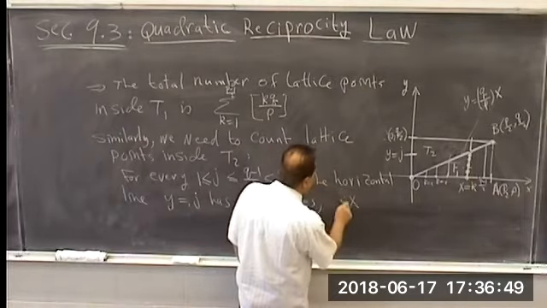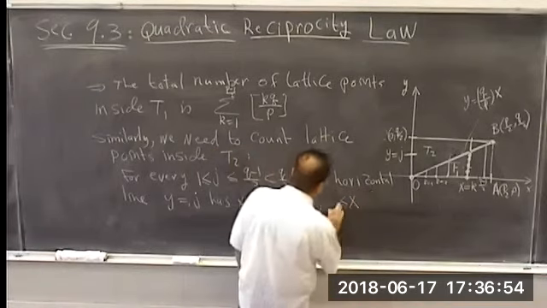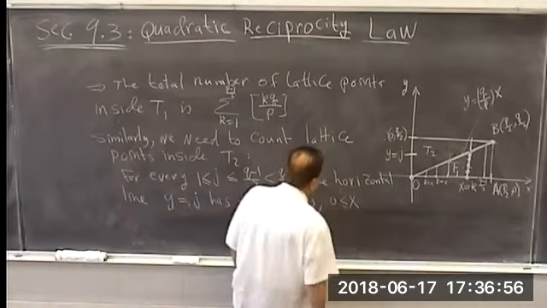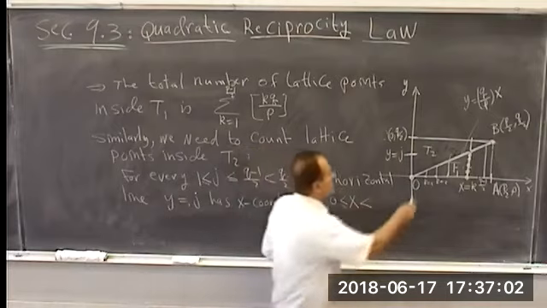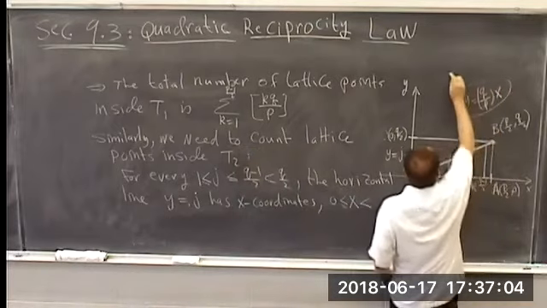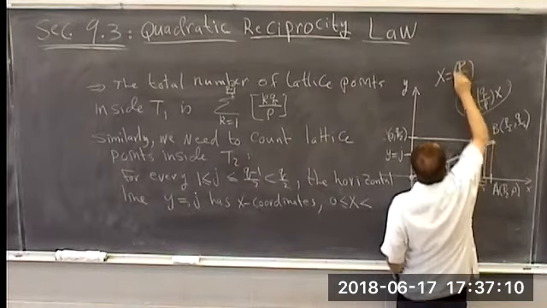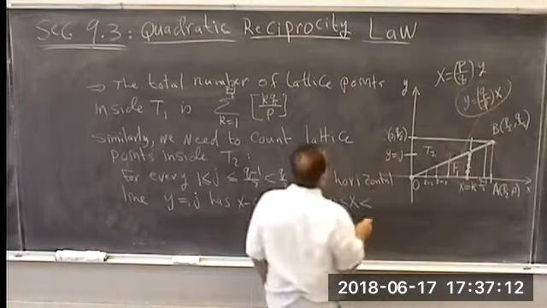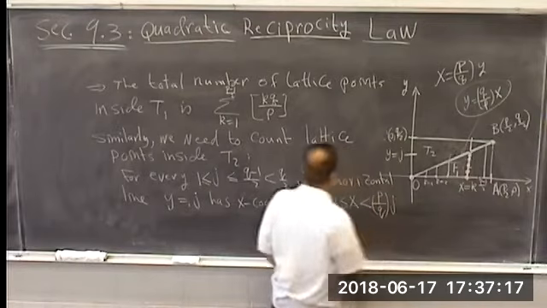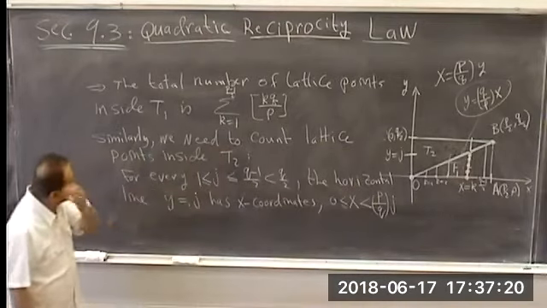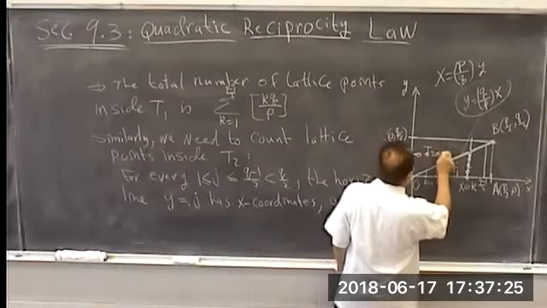So the x is going to be greater than or equal to 0 in here. And the other end, we're going to solve this for x. So we're going to write this as x equal p over q y. So this one is going to be p over q j. So for each j, we're going to have an x value. So this one is going to be the points going horizontally this way.